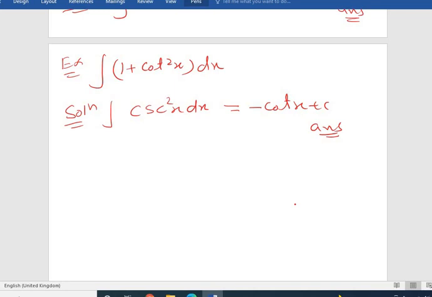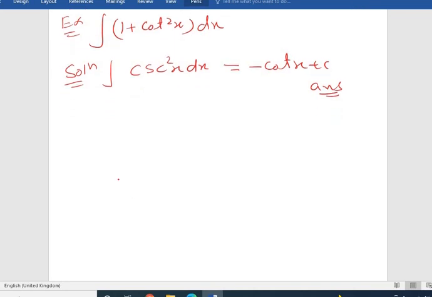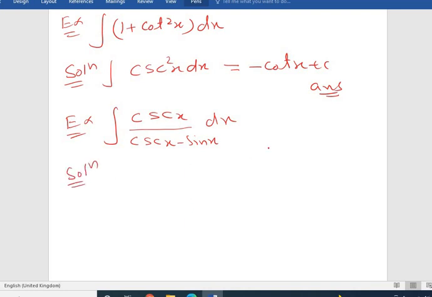Now I am picking another example which is given in your handout. Evaluate the integration of CSC of x divided by CSC of x minus sin x dx. So for writing the solution of that one, we need to use some trick. What is the trick? This is the rule.